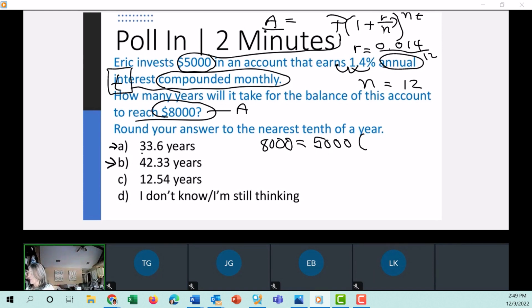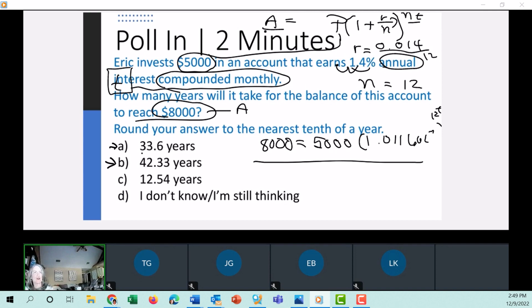And then we're going to add that to 1. And I'm going to round that off to 1.011. And then I have 1, 2, 3, 4, 5 sixes. I'm going to round it off somewhere to a 7. And then that's raised to the N, 12 times T. T is our variable.